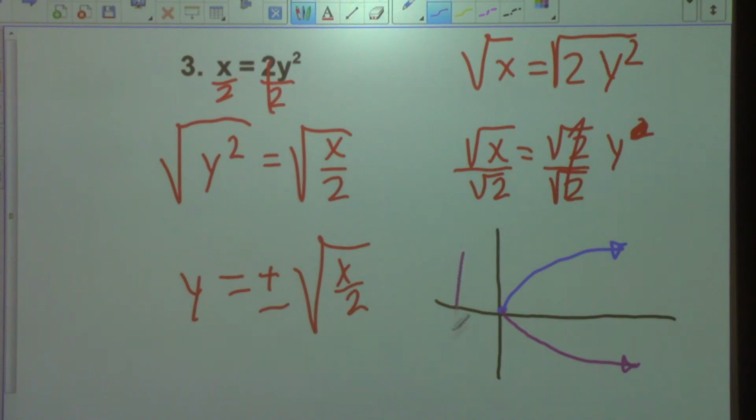No, because it doesn't pass the vertical line test. Let me draw a separate one. Does this pass the vertical line test? No. So we say no, it fails the vertical line test.